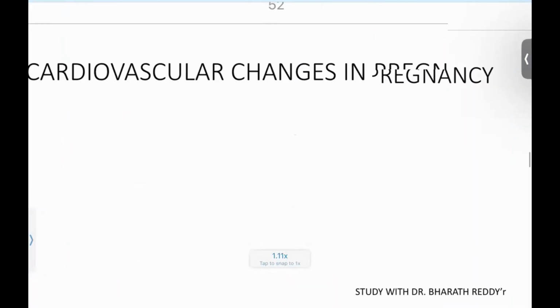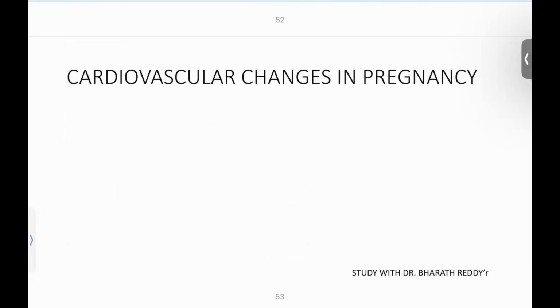Next, cardiovascular changes in pregnancy. What are the normal changes present in the cardiovascular system? First, cardiac output is increased in this patient, and femoral venous pressure is also increased.